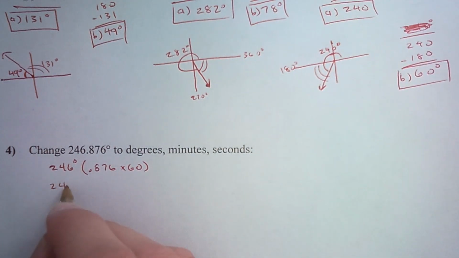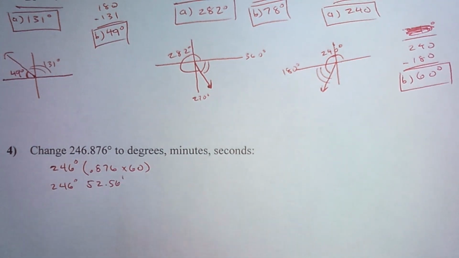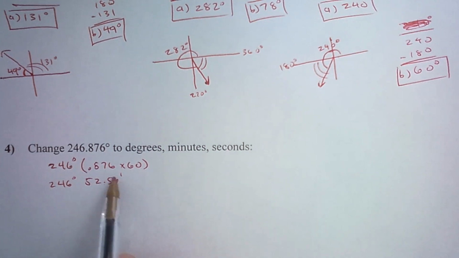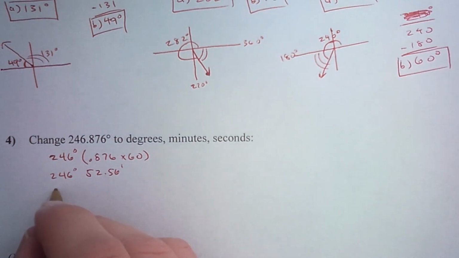So I have 246 degrees, 52.56 minutes. But I can't leave a decimal in minutes, so I have to get rid of this 0.56.